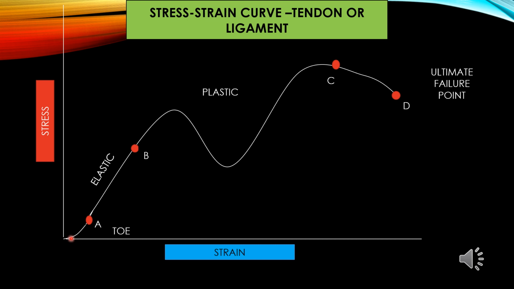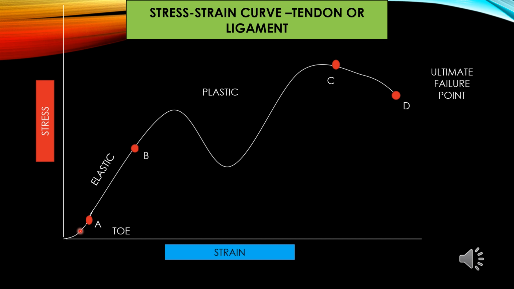Moreover, whenever we are giving any mobilization, it is very important to remove that slack. That removal of slack is the toe region. If we do not remove that slack, then force will not be transferred to the muscle and bones, and there will not be any use of that glide.